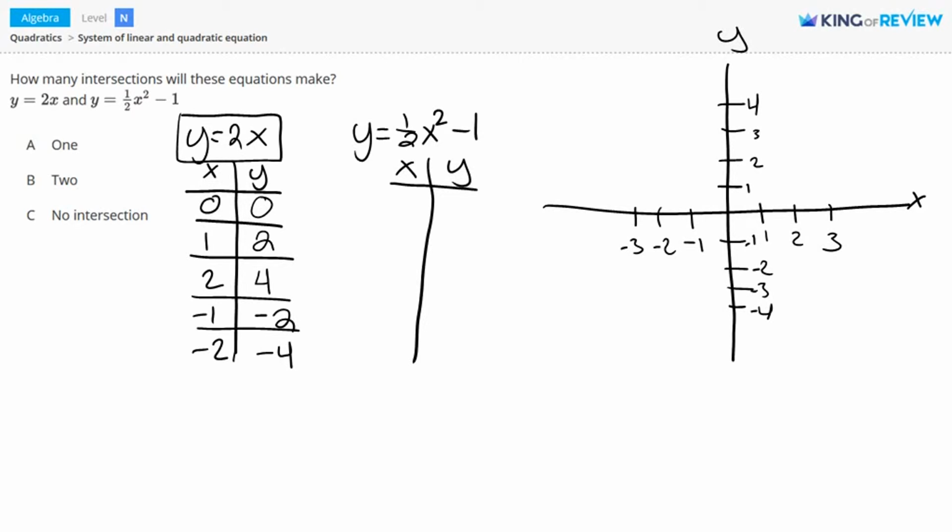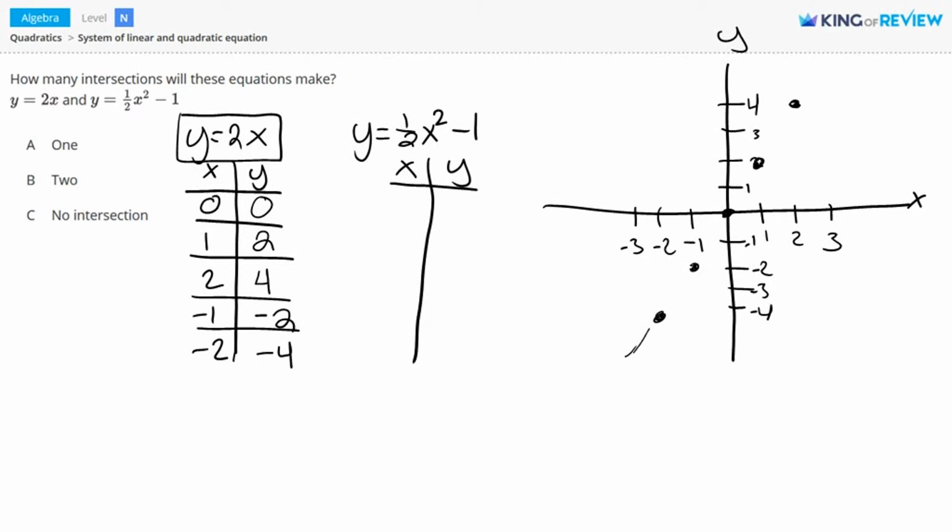I have a point at 0, 0, which is right here. I have a point at 1, 2, which is right here. I have a point at 2, 4. I have a point at -1, -2, which is right about here. I have a point at -2, -4, which is right about here.